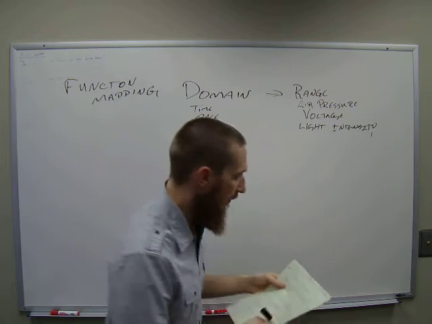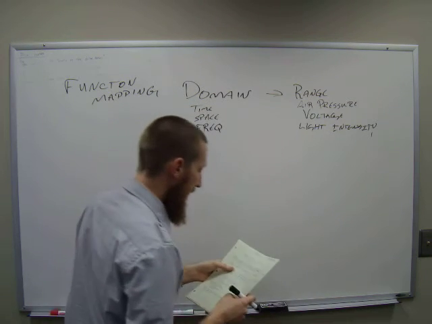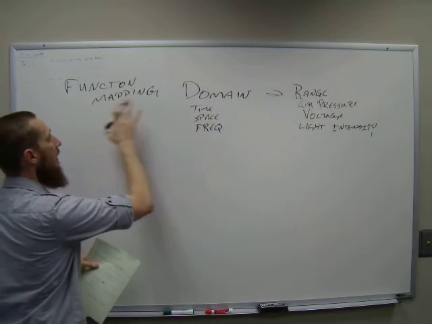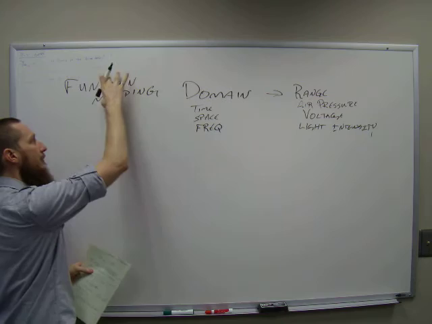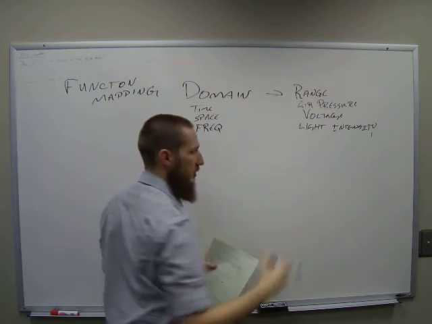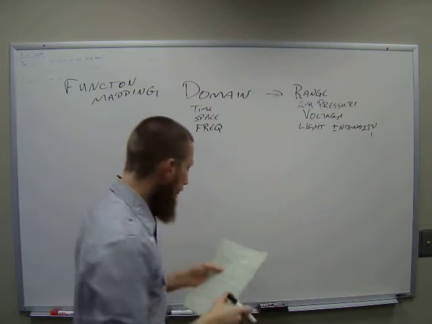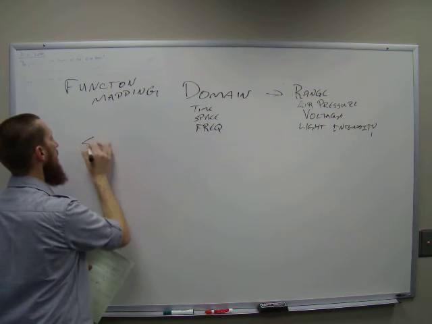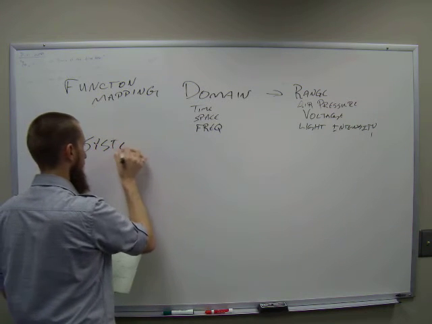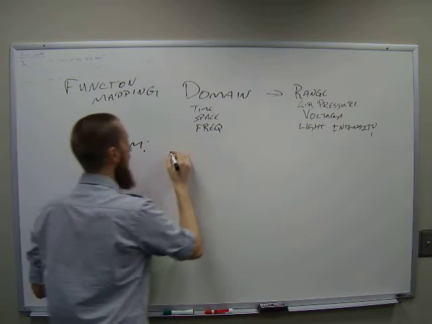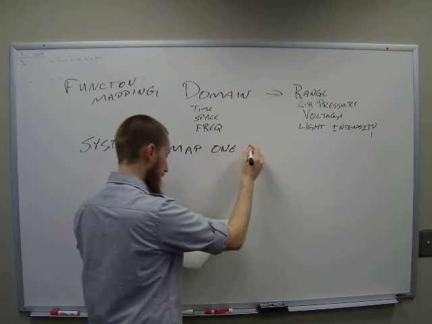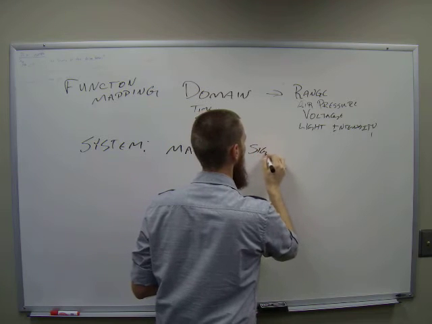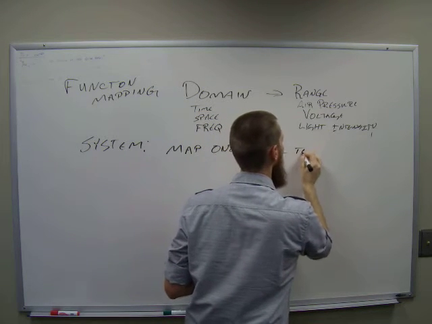This class is called Signals and Systems, so there's another part of it. That is the systems end of it. A signal is a function that maps a domain to a range. What is a system? A system will map one signal to another.